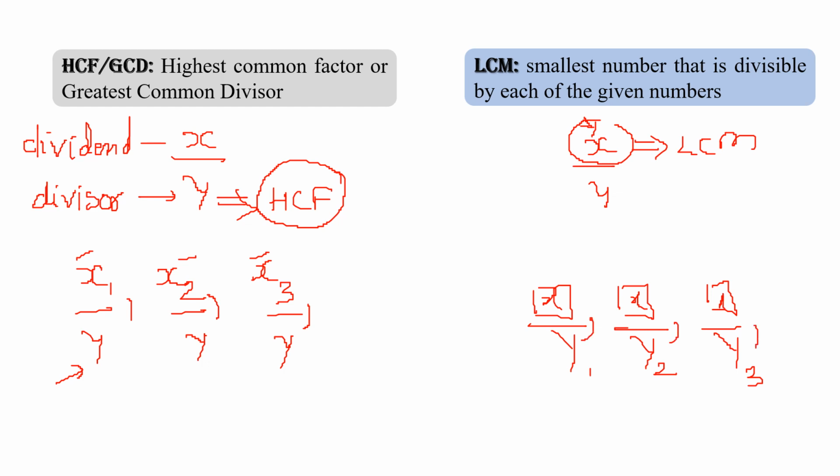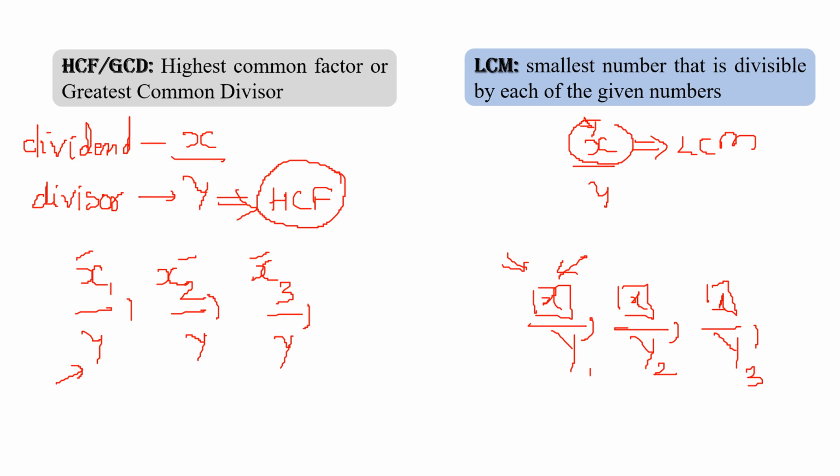There won't be any other number smaller than x which is divisible by the given numbers. There would be a number greater than x which is divisible by the given numbers, but we need to find the numerator such that it is the smallest number which is divisible by the given numbers.